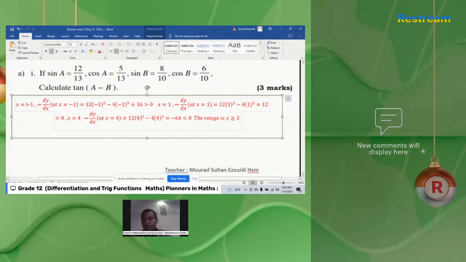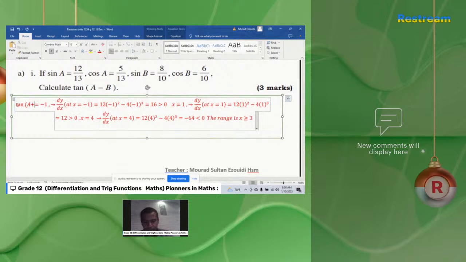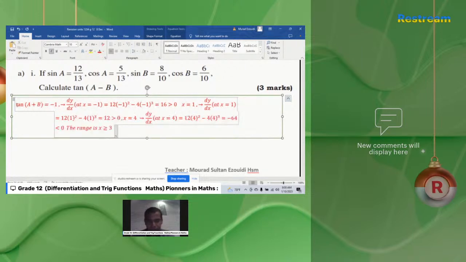I will write first of all tangent of a plus b. Let's see the formula.